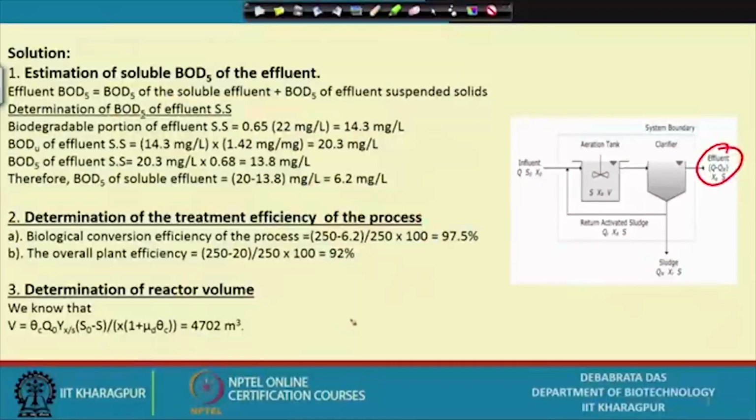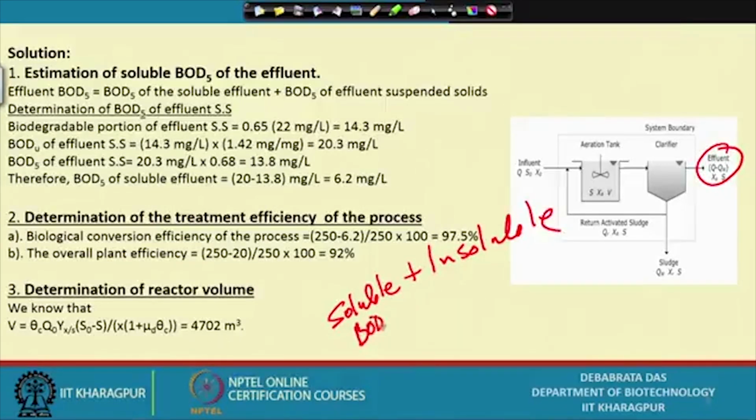So, the outgoing liquid has two parts, am I right? It has the soluble organics, soluble plus insoluble. So, we shall have to calculate what is the BOD5 of the soluble and BOD5 of the insoluble. Now, this is equal to the total BOD5 of the effluent.